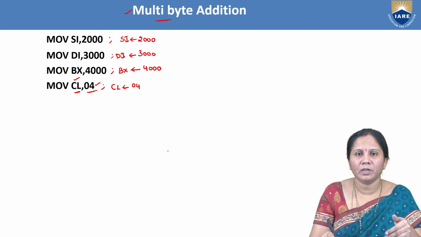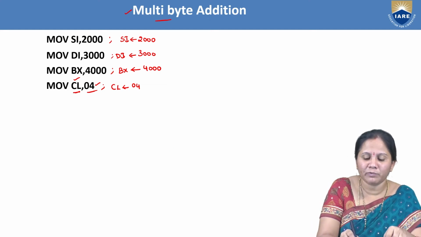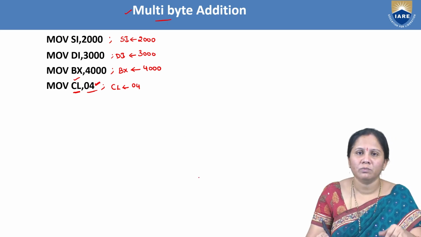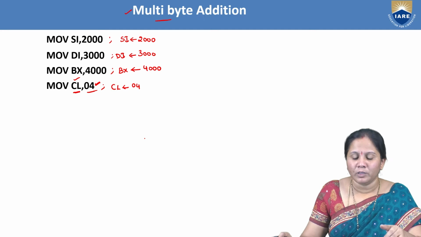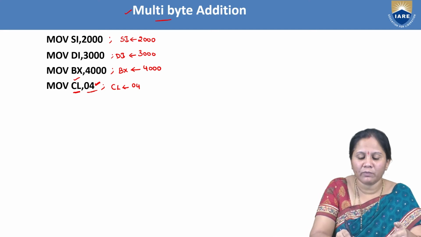That counter register will hold the value related to how many inputs we can take, or how many times the loop should be repeated, or how many times the shift operation should be performed. So the count value will be carried with the help of this CL register. Here we have taken 4, so we can perform the addition operation for 4 inputs. If you want to perform the addition operation for more inputs, we can change the value 4.